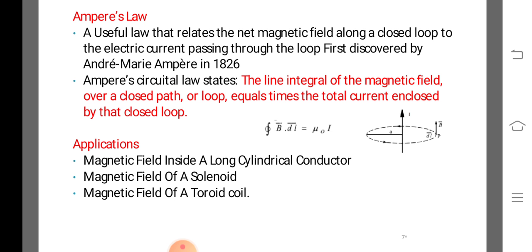A small element dl of angle d phi is considered. dH equal to I dl vector cross r vector by 4 pi r cube. So we got the equation dH equal to I (rho h d phi a_rho vector plus rho square d phi a_z vector) by 4 pi r cube.